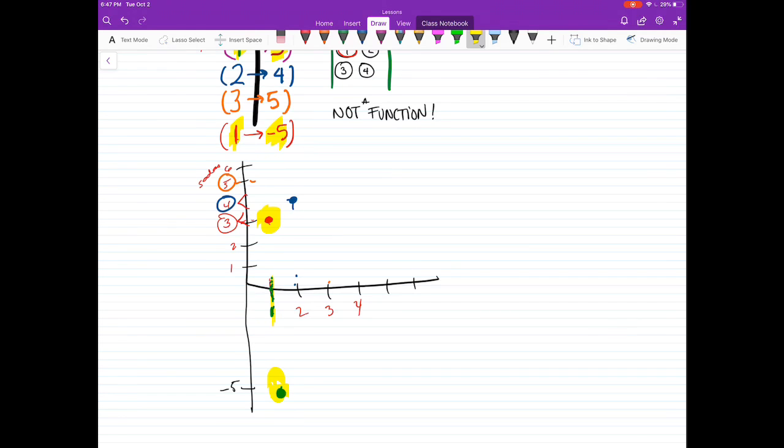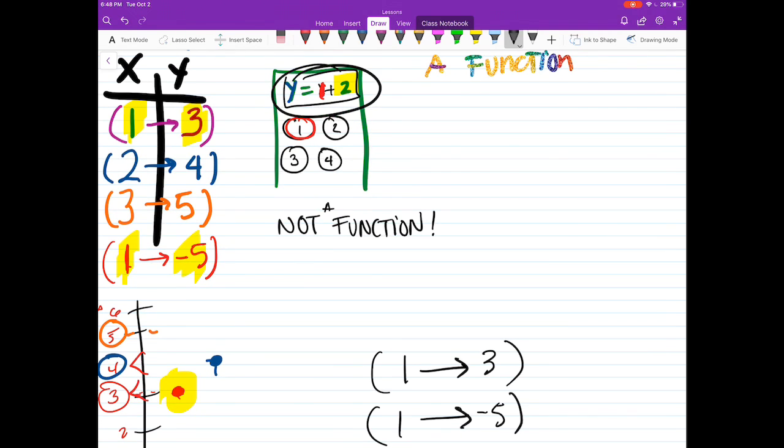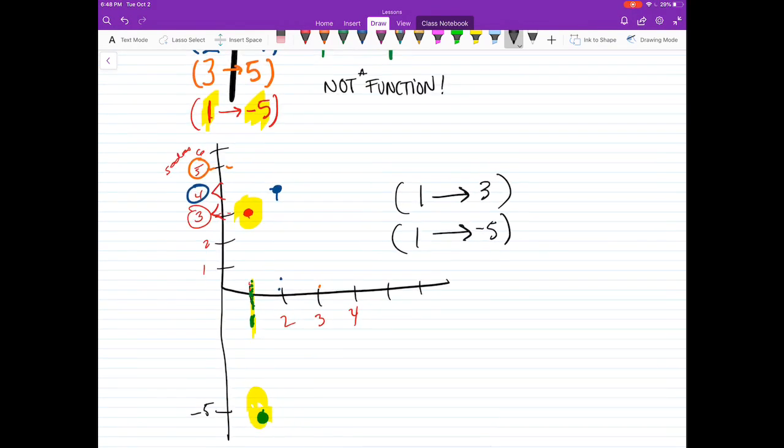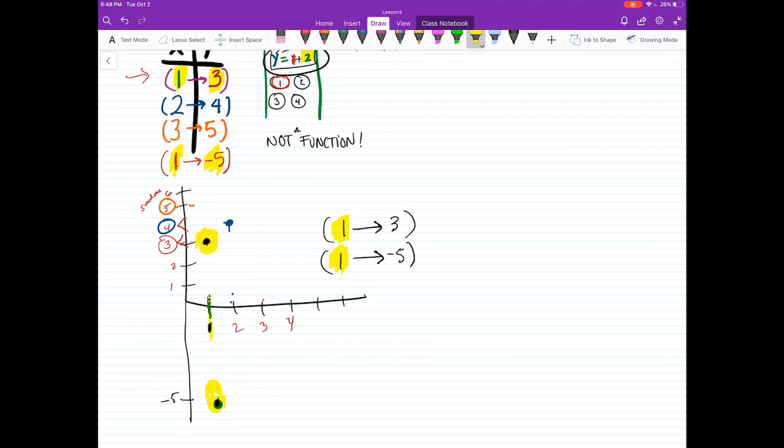So right there, your relationship, 1 went to what? 3. But then, whoa, you pushed 1 again and it went to -5. It did not satisfy the equation. 1 went to 3, but then 1 went to -5. So there's the rule: did you repeat your x?